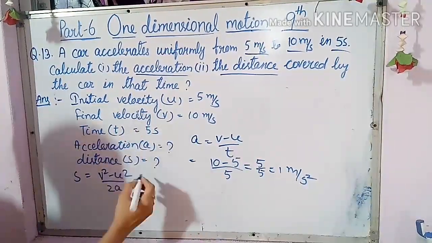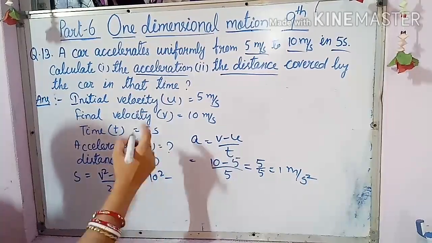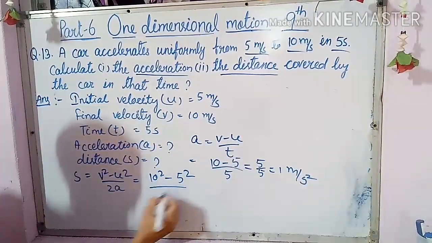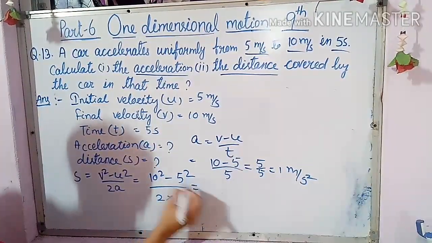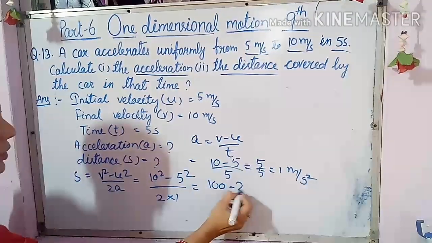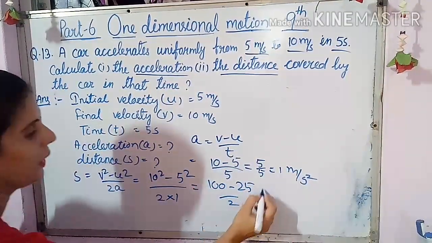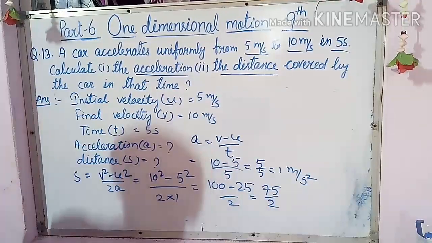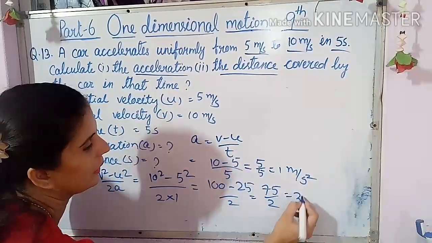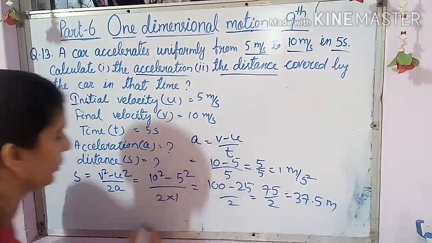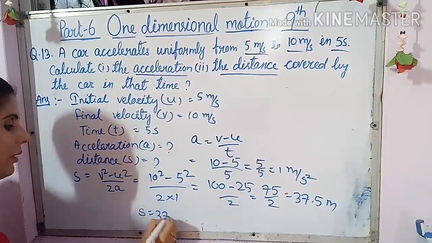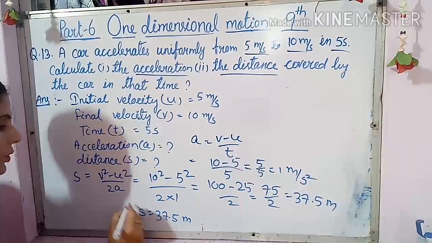V square is 10 square minus U square which is 5 square, by 2A, which is 2 into 1. So your 100 minus 25 by 2, it is 75 by 2. So your answer is 37.5 meter. S equal to 37.5 meter. That is your final answer.